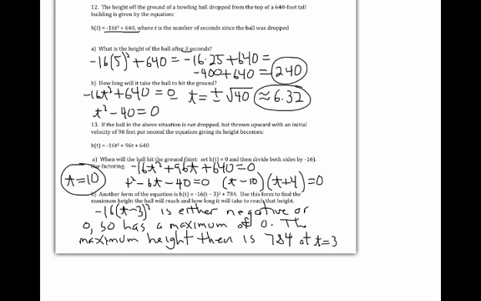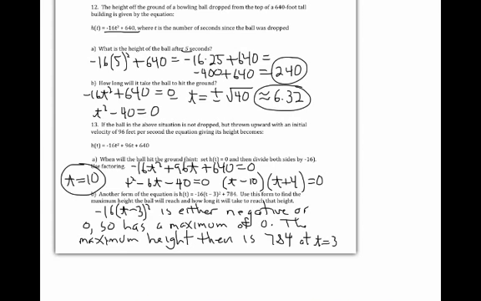Well, that gives us t squared is equal to 40, which means that t is equal to plus or minus the square root of 40. And that turns out to be about 6.32, so it'll take about 6.32 seconds to hit the ground, or in exact terms, the square root of 40.